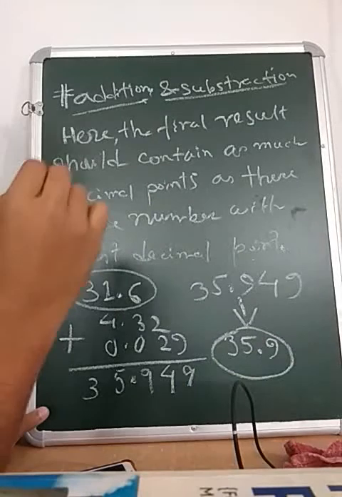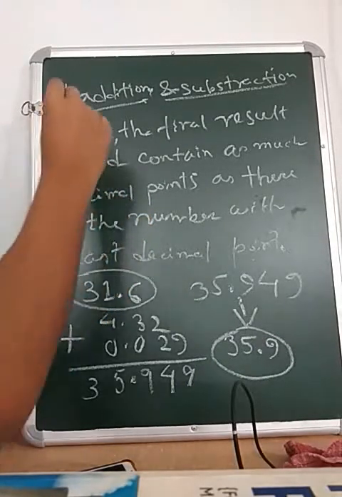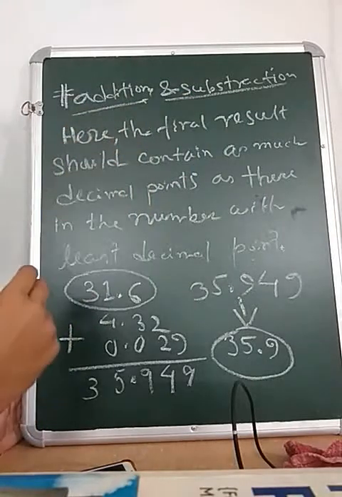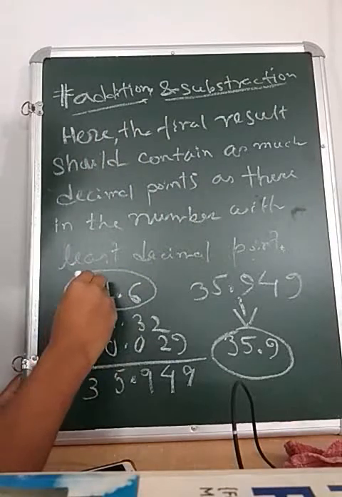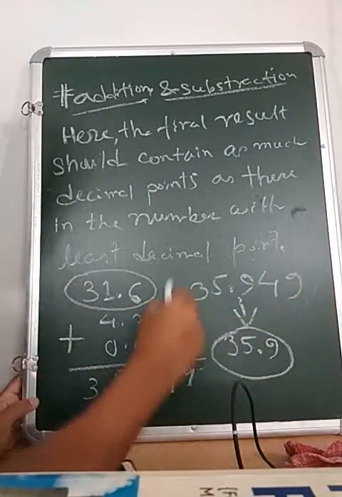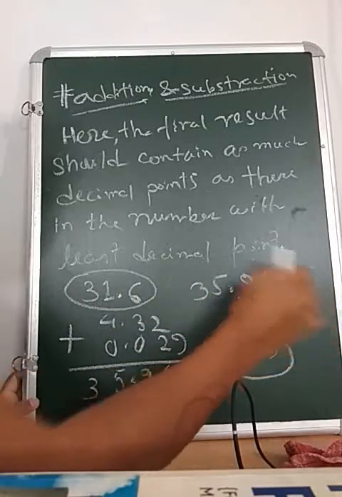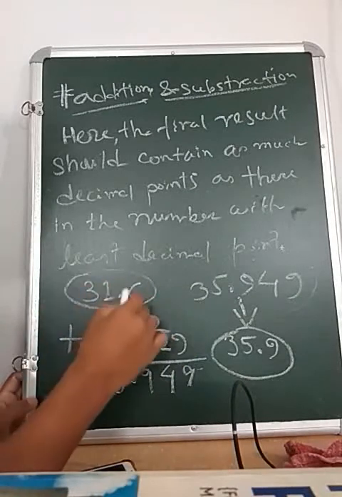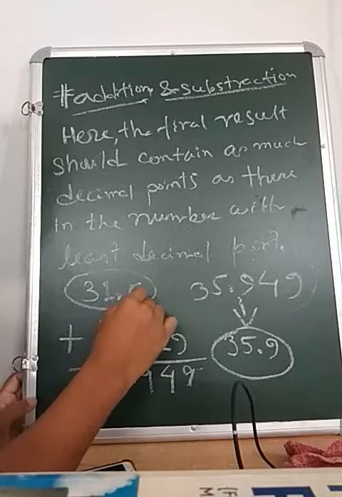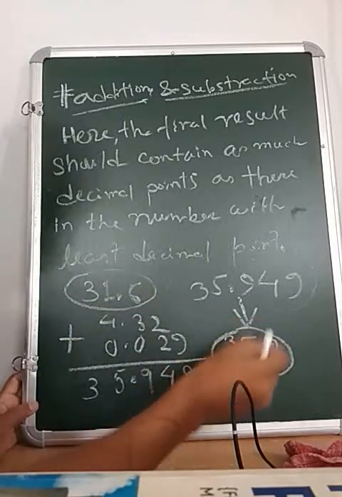So in case of addition and subtraction, the final result should retain as many decimal points as there are in the number with the least decimal points. 31.6 is the number with the least decimal points, so the final result should contain only 1 decimal point.